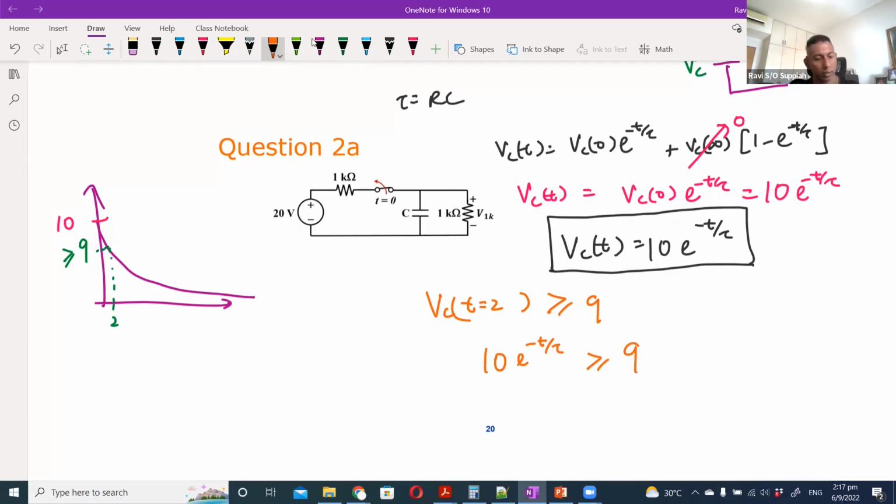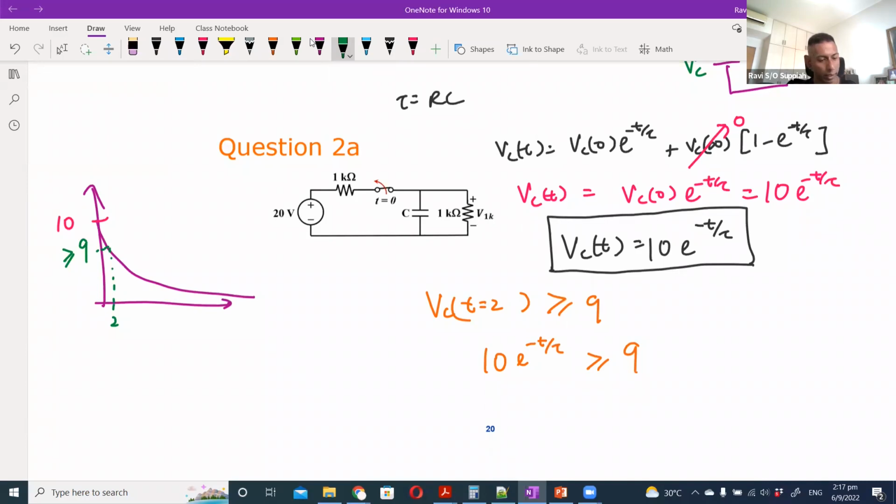The solving part I think should be okay for all of you, correct? You just take the natural log of both sides, then move things around.